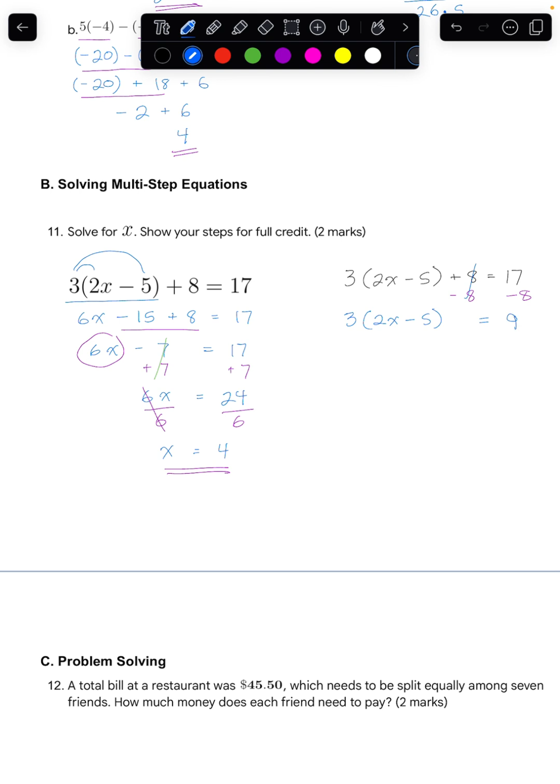Next step, again, we're trying to isolate those brackets, 2x minus 5. Make the 2x minus 5 on one side all by itself. So we get rid of the 3 by dividing it away. So we divide this whole thing by 3. And because we do that, we have to divide the other side by 3.